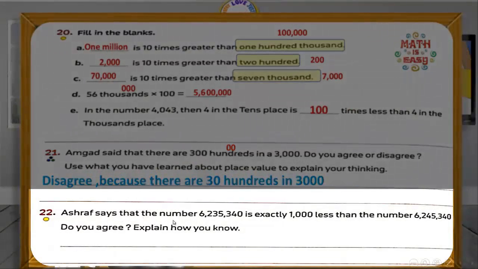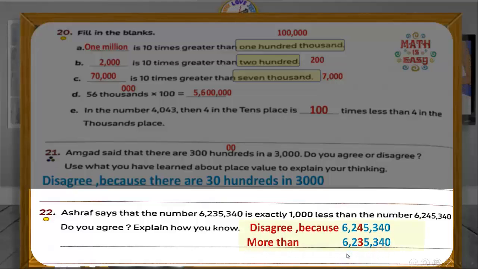Ashraf said that the number 6,235,340 is exactly 1,000 less than the number 6,245,340. Do you agree and explain your answer? If we write the two numbers together like this, do you see here we have the same digits, but here we have 4 and here 3. 4 is greater than 3.